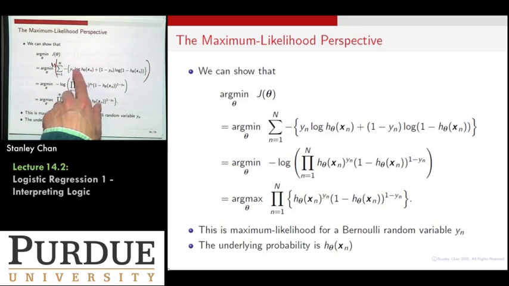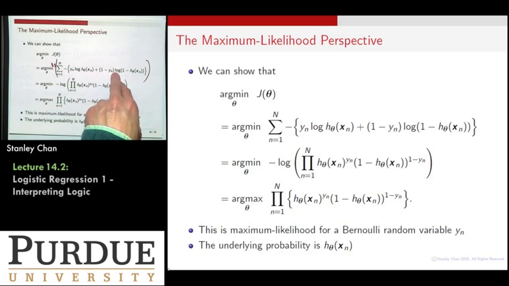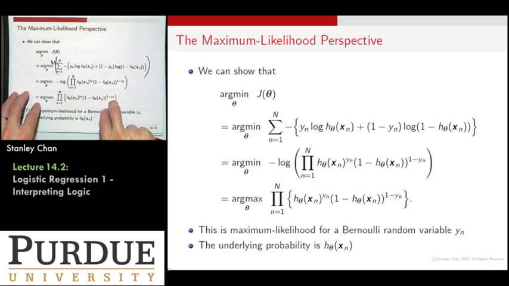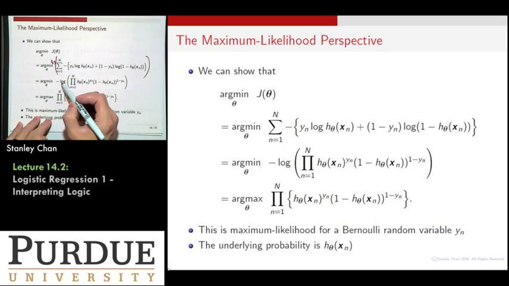Okay, so now you are turning this summation of all these y times log h and 1 minus y times log of 1 minus h terms. You can write them as a log of the product of h to the y and 1 minus h to the power 1 minus y. Okay, so I can further do some calculation by removing this log function.